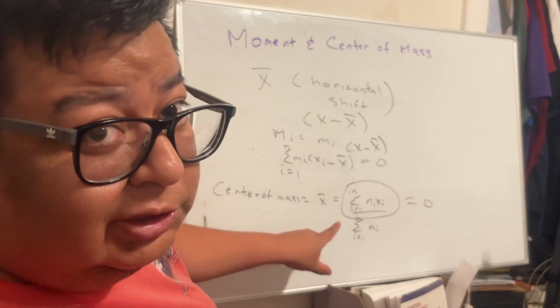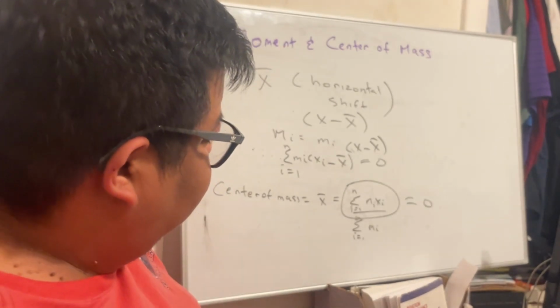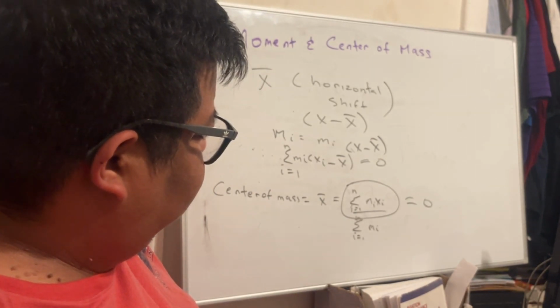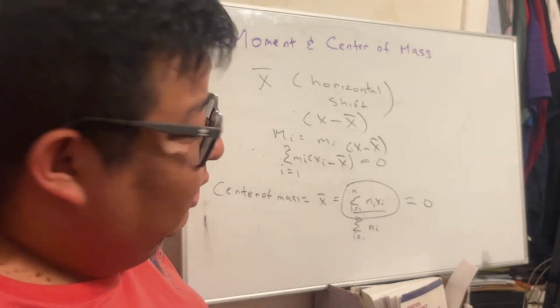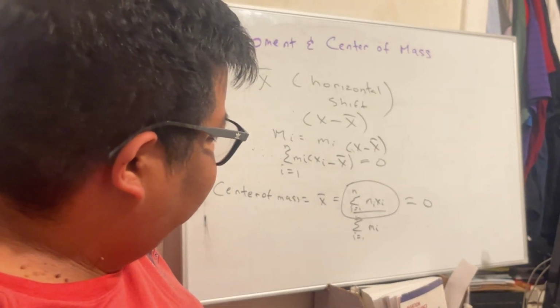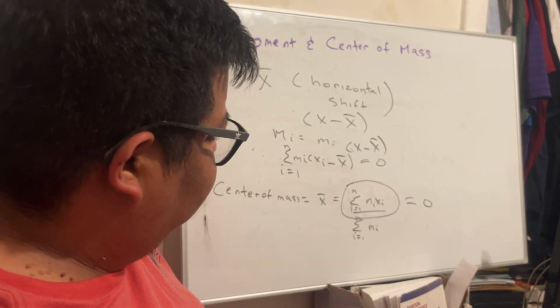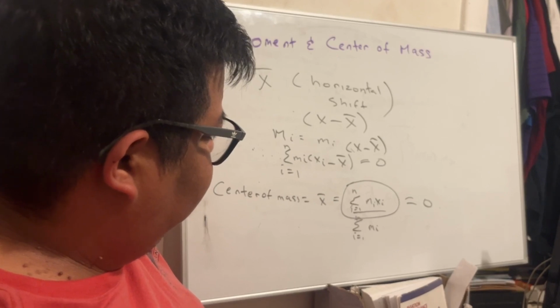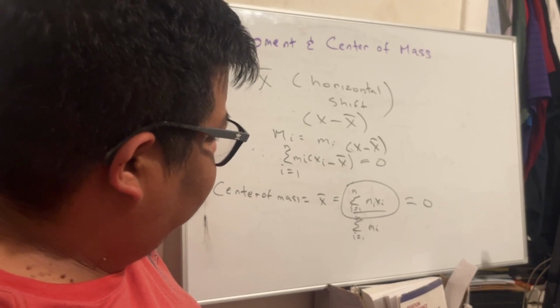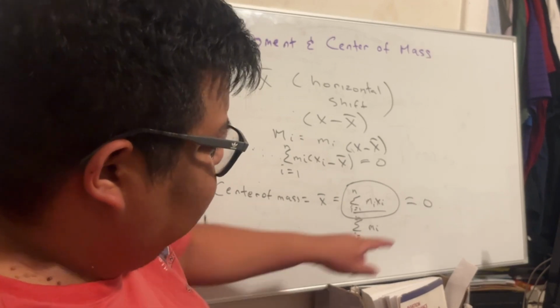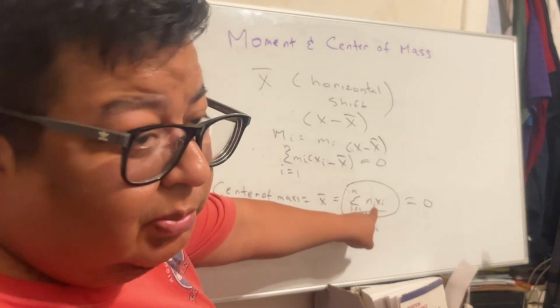And that will be your center of mass, if you want it to be in equilibrium. So equilibrium means that the top has to be 0.